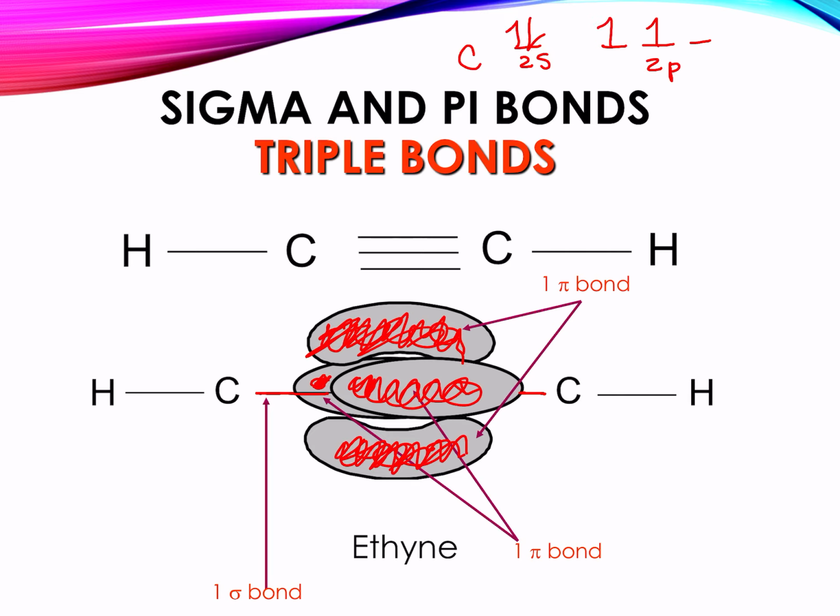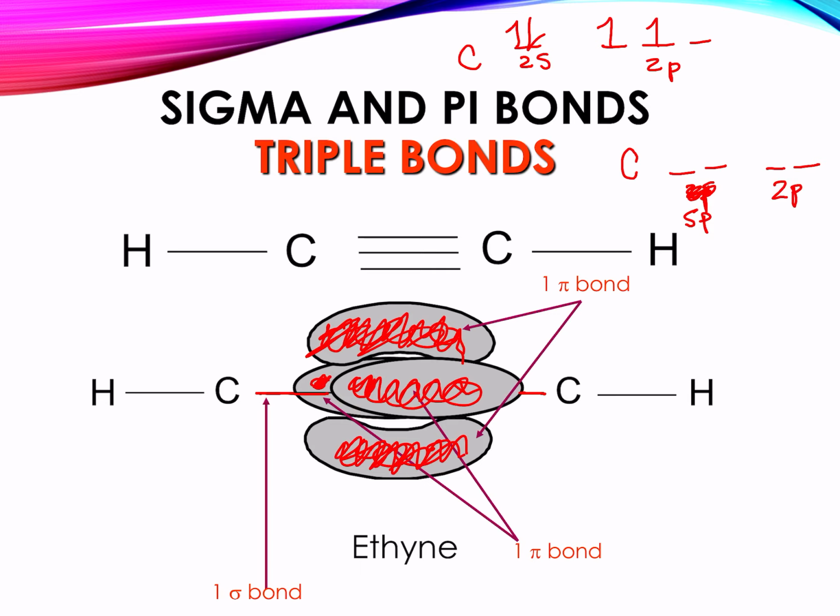Since it's got 2 areas of electron density, it is sp hybridized. It's a linear molecule. And so when it's hybridized, carbon makes 2 sp orbitals, and it has 2 unhybridized p orbitals.